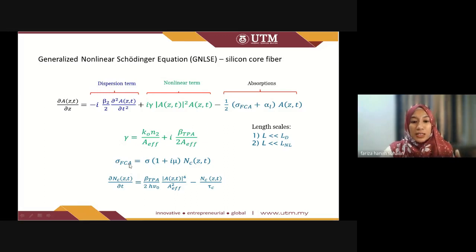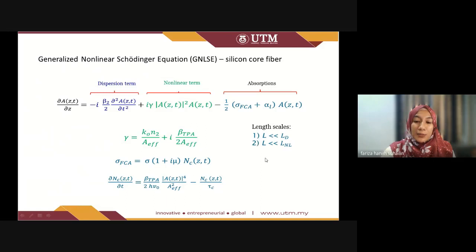And of course, the cross section of free carrier absorption depends on the free carrier density, and the rate of free carrier density is related to the free carrier lifetime inside silicon.